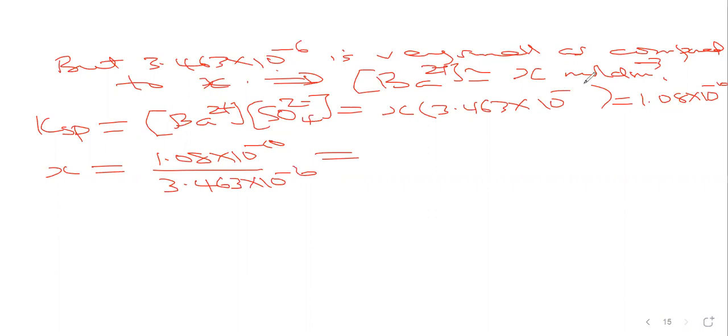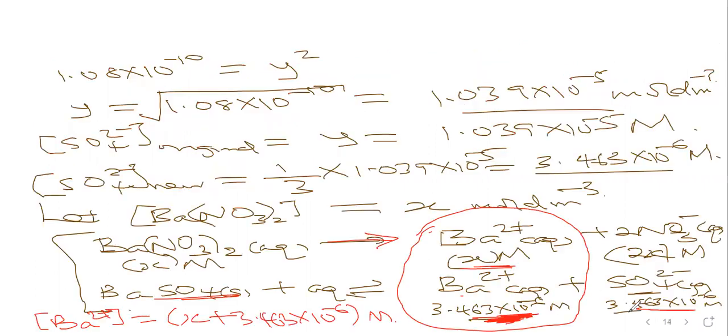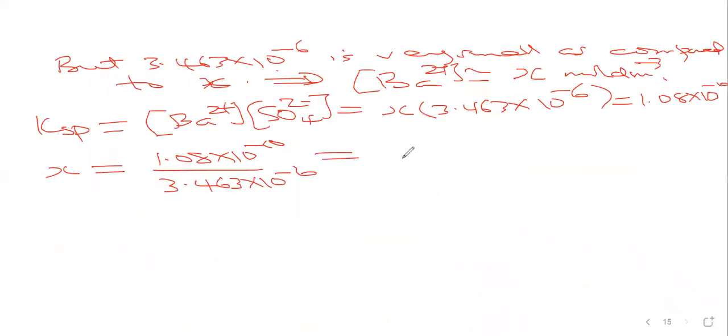Negative 6 according to my calculation here. This value here for the sulfate ion. The barium ion, we get its effective concentration and take an assumption. So my X here, if I work out with this will give me negative 10 minus negative 6, that's negative 4. When you divide this, your answer is likely to be 3.119 exponent negative 5 molar.